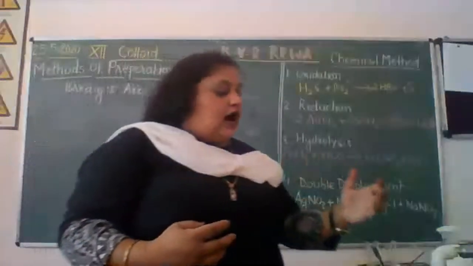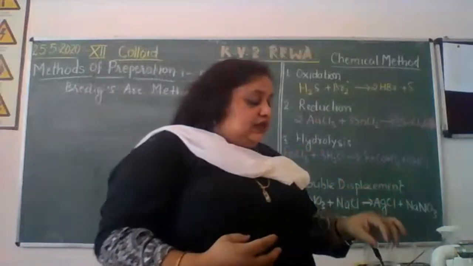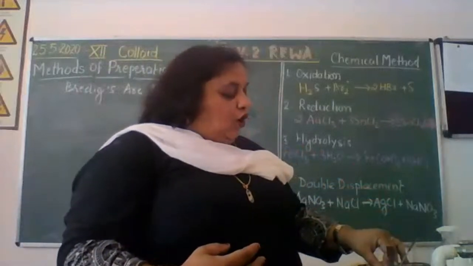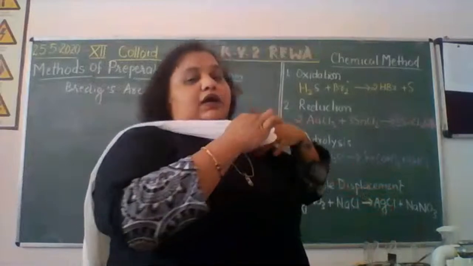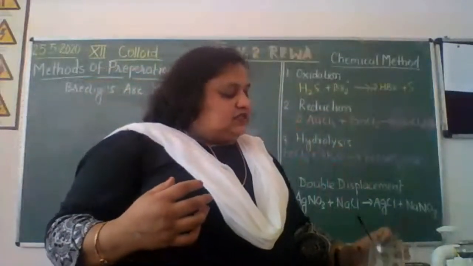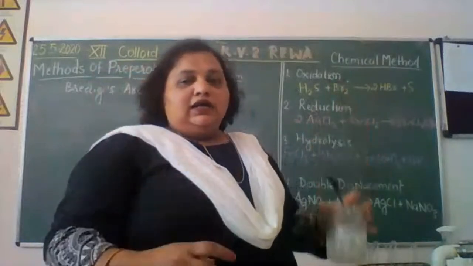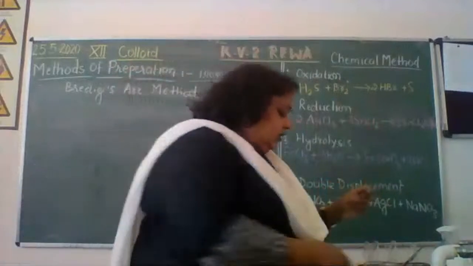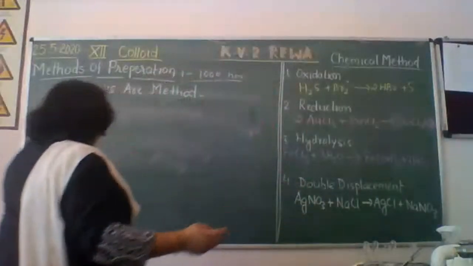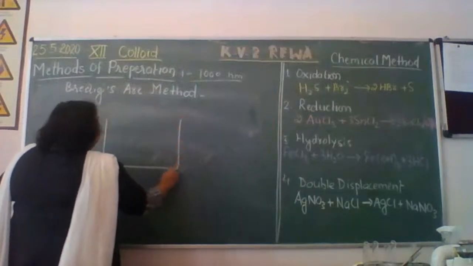This is the arc method, Bredig's arc method, right? The ice cold jacket is always in this setup. This is not the exact device, I just wanted to show you how this takes place, right? I can draw the diagram on the blackboard, right?